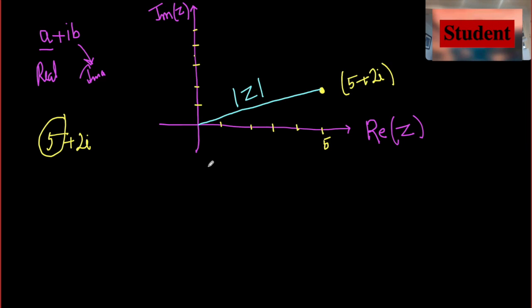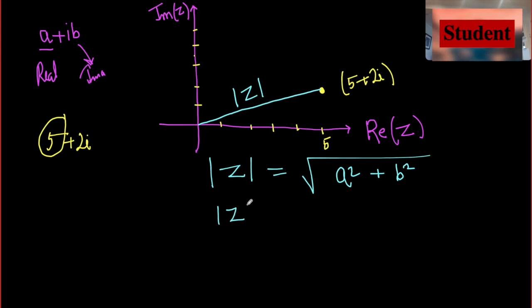And how can you calculate mod z? Mod z is equal to the square root of a squared plus b squared. It is related to the distance formula. If you have 0, 0 and 5, 2, you can find the distance. So what is mod z here? 5 squared plus 2 squared.